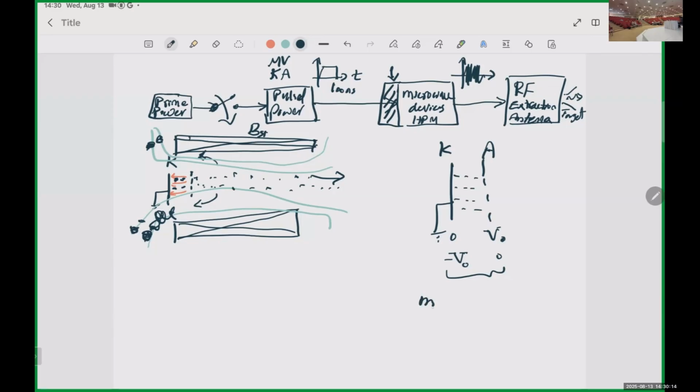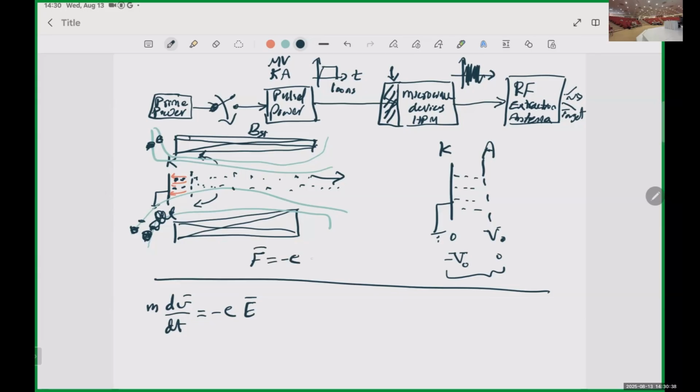And now we are talking about m dv/dt. Let me maybe start a new line here. You have m dv/dt equals minus e E. This is from the Lorentz force as we described, if you combine it with Newton's law, right? So F is nothing but the mass times acceleration, or dv/dt.